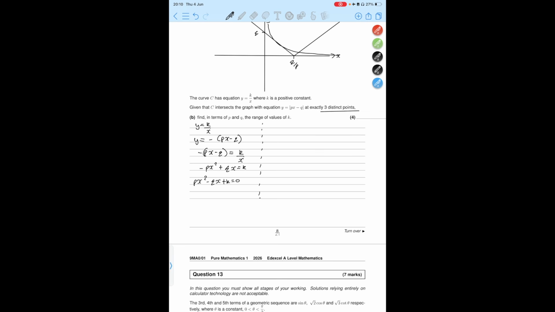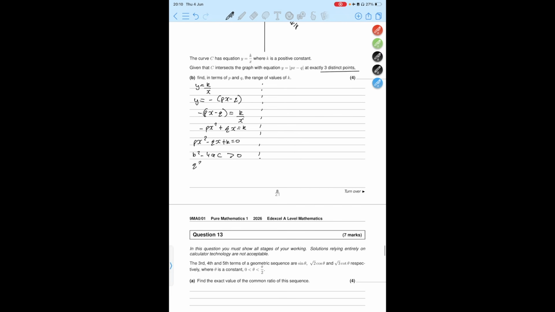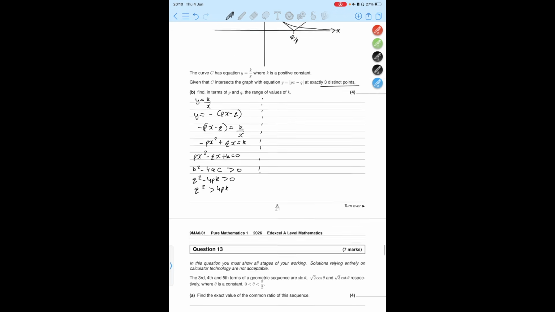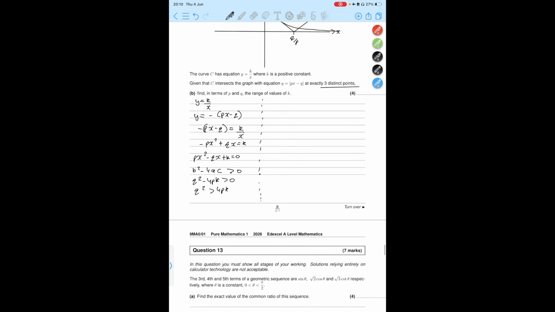So b squared minus 4ac should be greater than 0. So q squared minus 4pk should be positive. So q squared should be greater than 4pk. So k should be less than q squared over 4p.